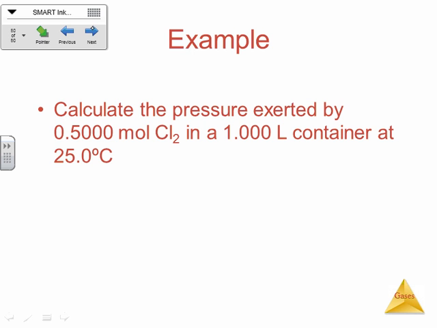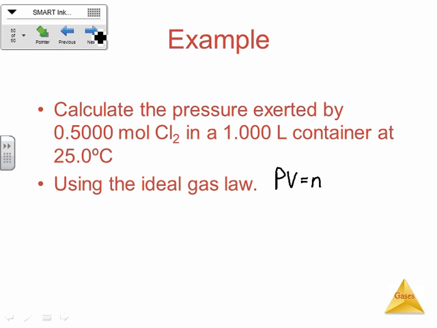So here's an example, just in case you ever did see a calculation like this on an AP exam. This is kind of what it would look like. Calculate the pressure exerted by 0.500 moles of Cl2 in a 1 liter container at 25 degrees Celsius. We're going to do that first using the ideal gas law, so we're just doing PV equals nRT on this first part. Our pressure is what we're trying to find.